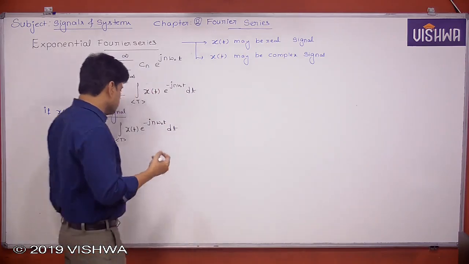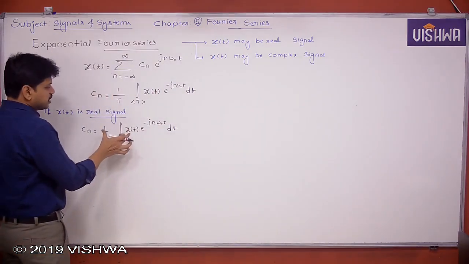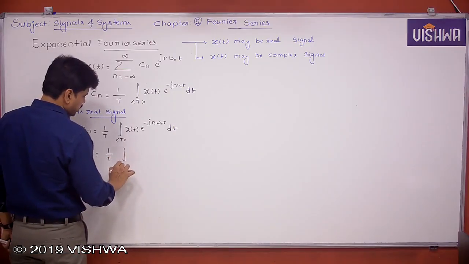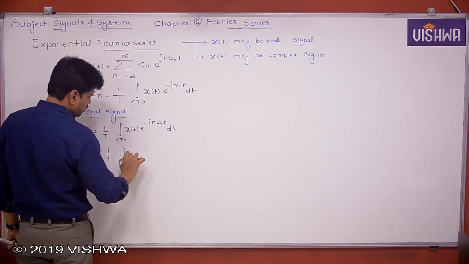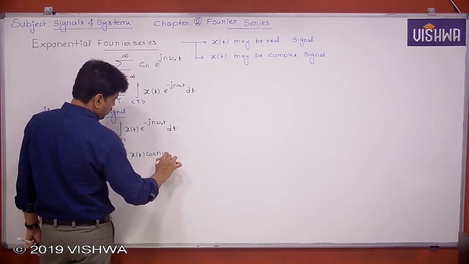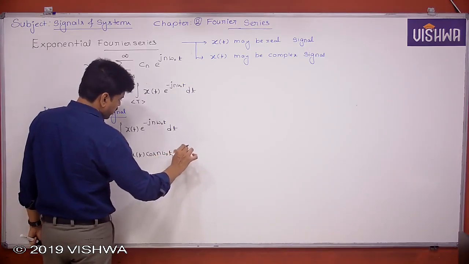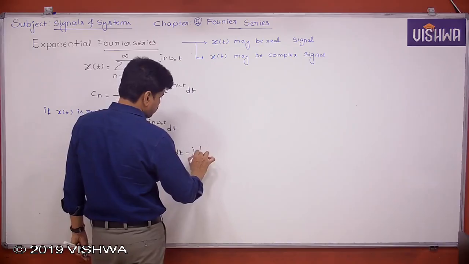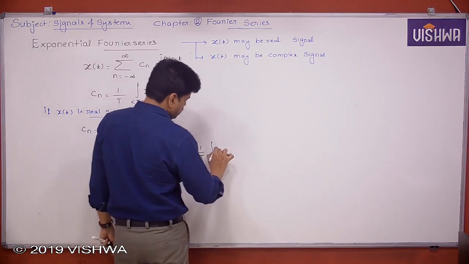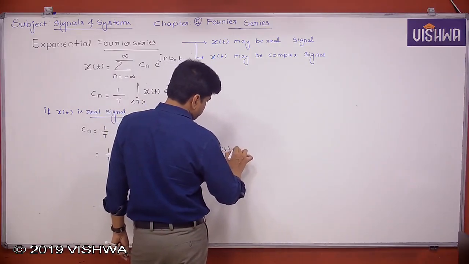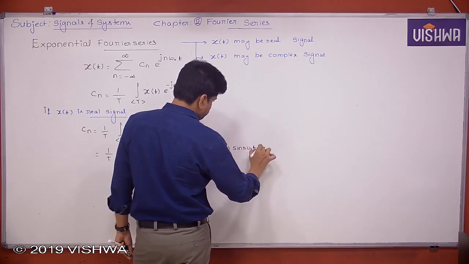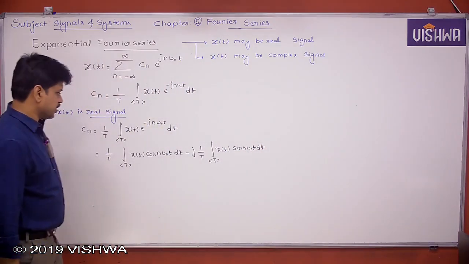By using that Euler expansion, we can expand this integral into two parts: 1 by T integration over a period x of t cos n omega naught t dt, minus j 1 by T integration over a period x of t sin n omega naught t dt.